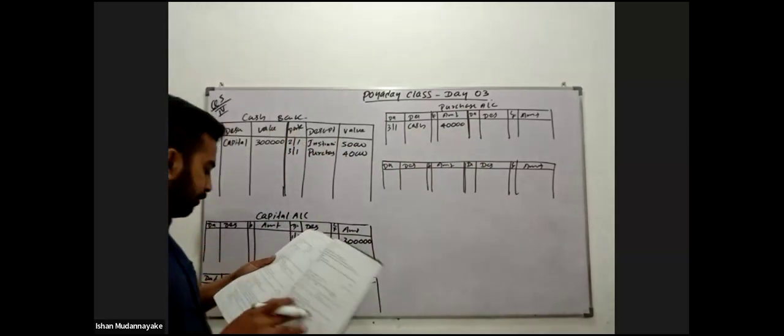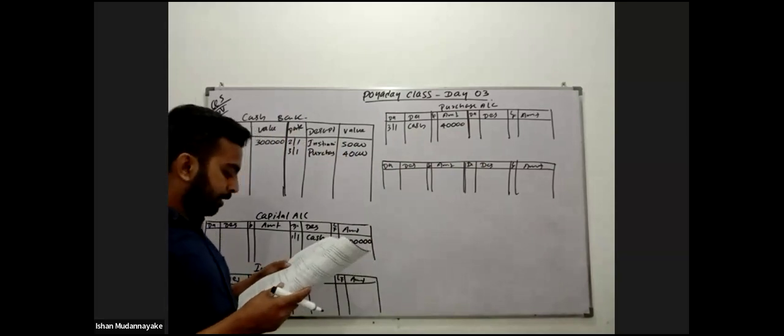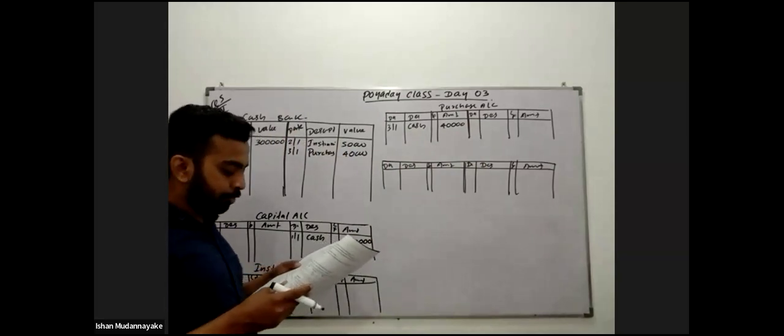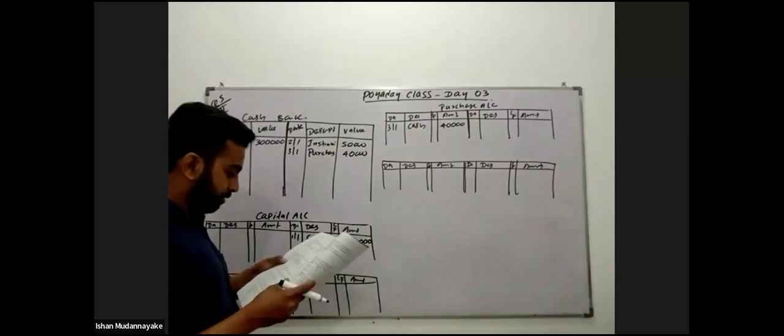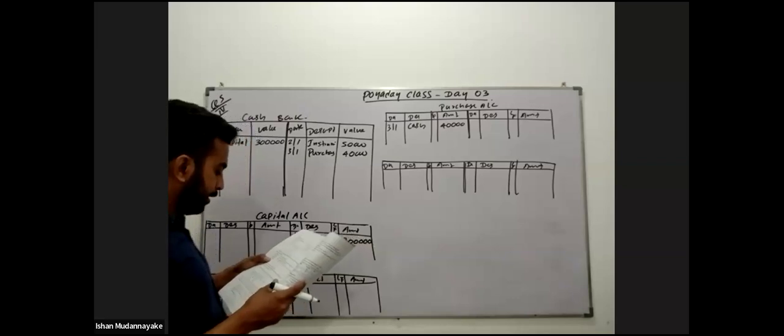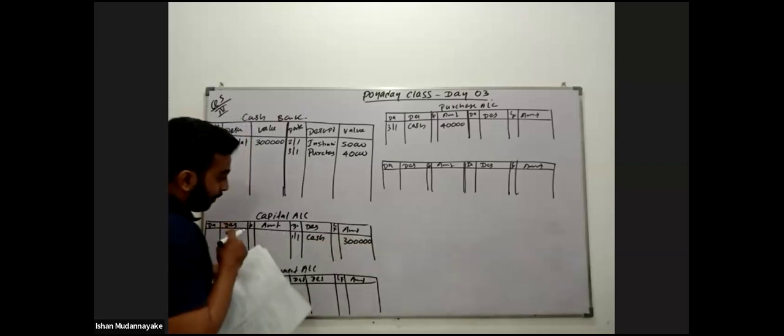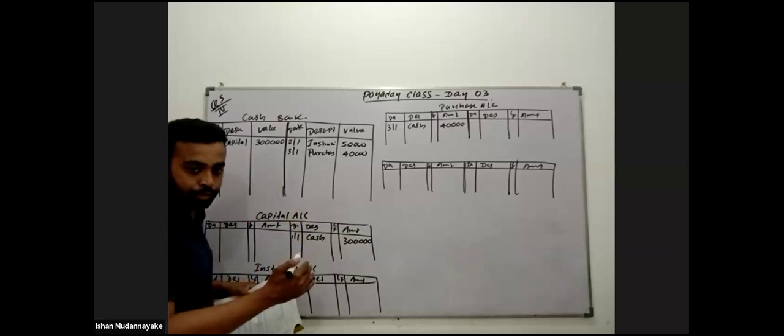Next transaction, fourth transaction: 4th January, cash sales of stock of goods worth 50,000. Because of cash sales, cash inflows into the business.